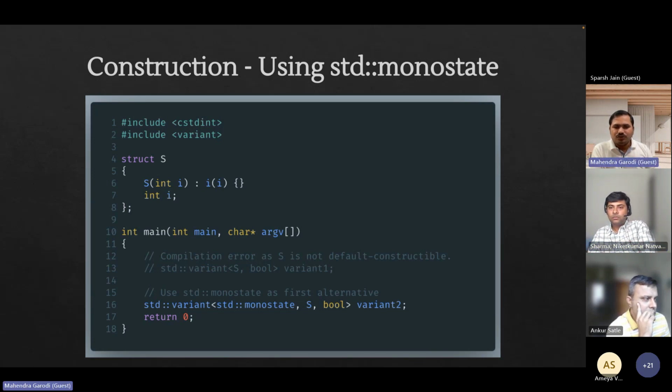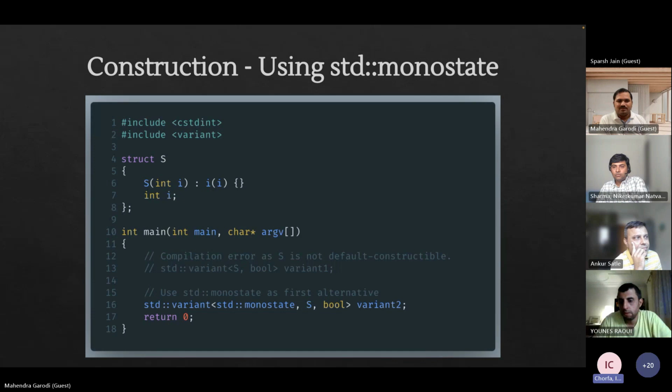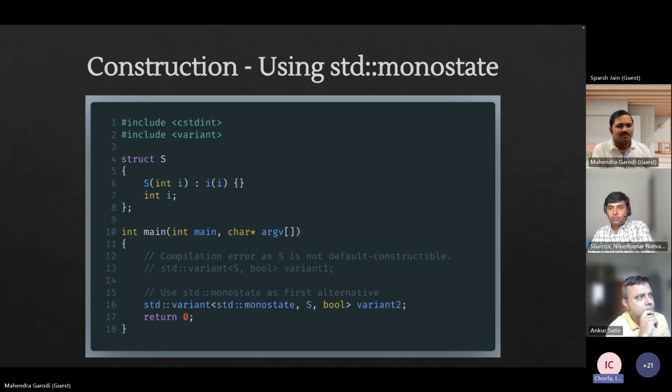Good morning, everybody. I have a small question. If you try to build this example with another compiler like Clang, I'm not sure, but maybe it will generate a default constructor for the structure S, and here std::monostate will be useless.